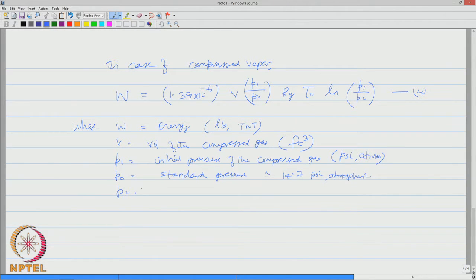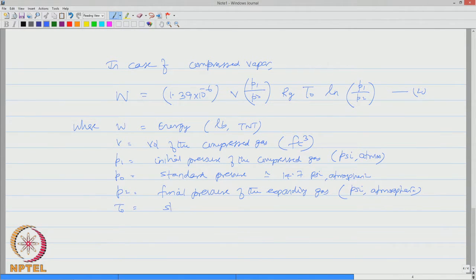P2 is the final pressure of the expanding gas, which is again measured in psi atmospheric.